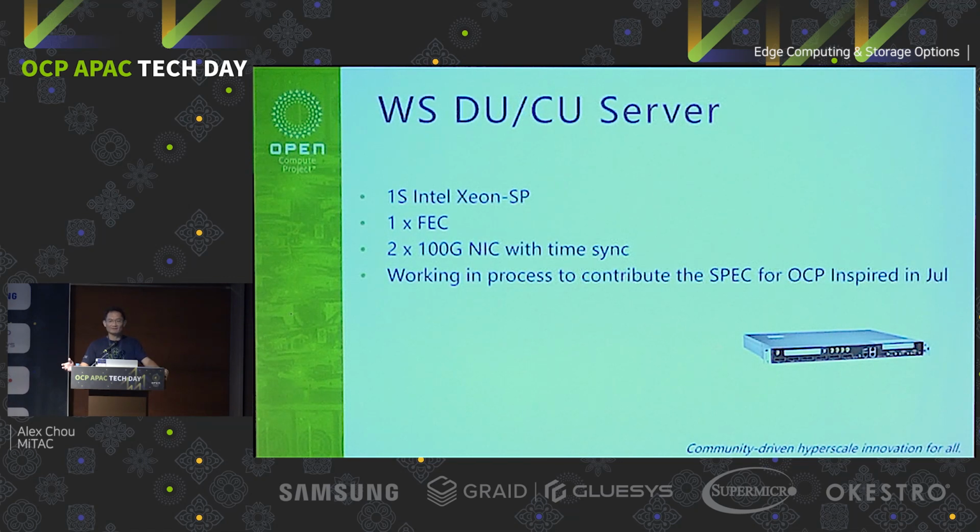We still need the FEC, and also the NIC, to offer more NIC ports to connect to the front and the back. So we have two controllers on this system. We are in the process of contributing this back to OCP. We hope it can get approval this month.